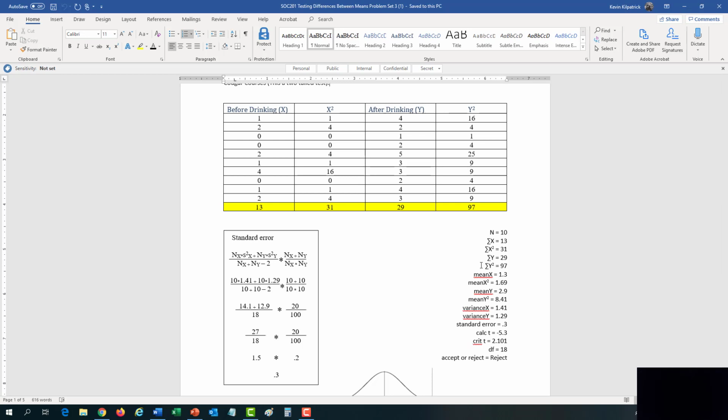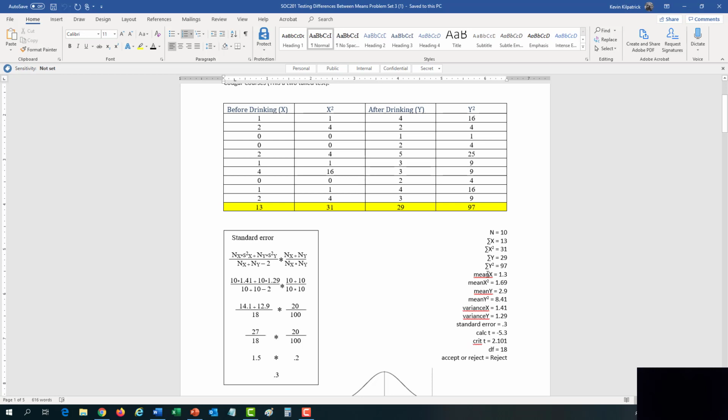Then the next step is to get the mean for both of these groups. Remember, the reason you're keeping all these numbers handy is because you're going to use them as you go down through what you need to solve.